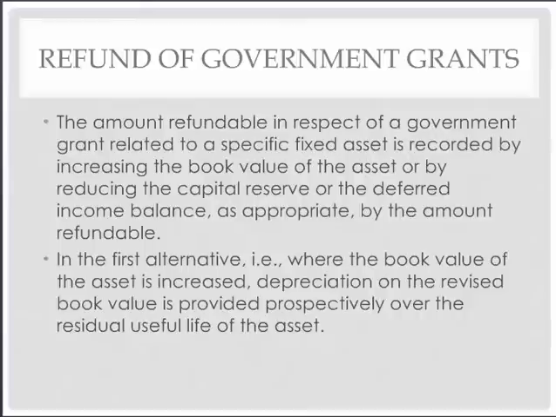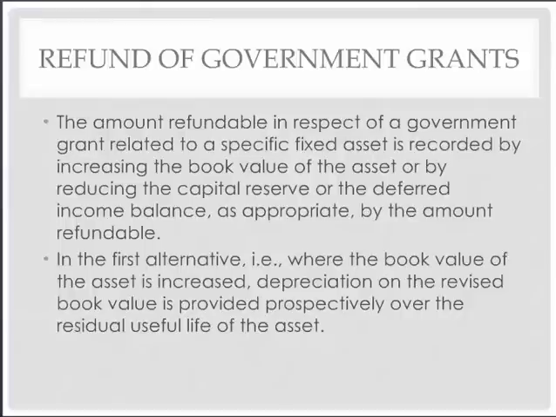Let us read it. The amount refundable in respect of government grant related to specific fixed assets is recorded by, in method 1, you increase the book value of asset. In method 2, you reduce the capital reserve or the deferred income balance by the amount refundable.